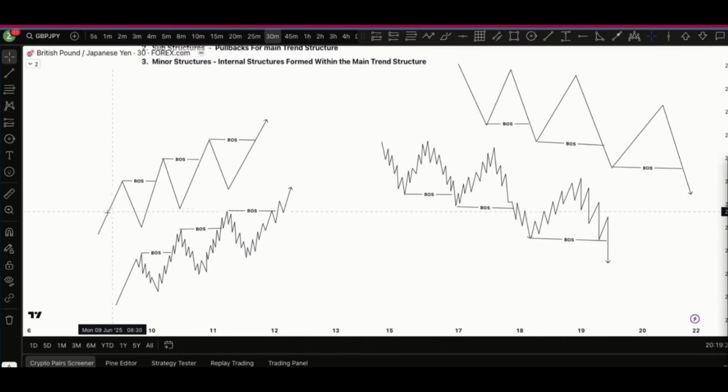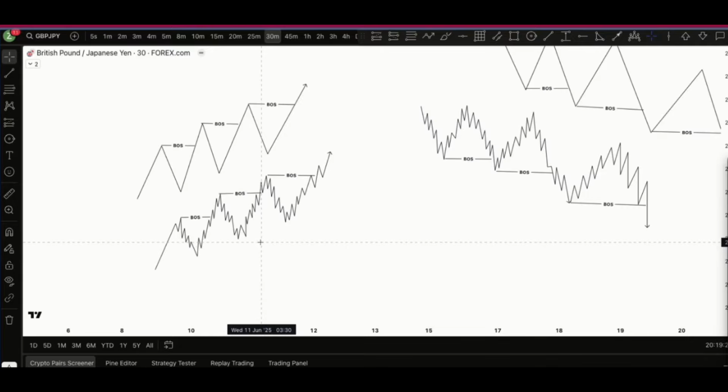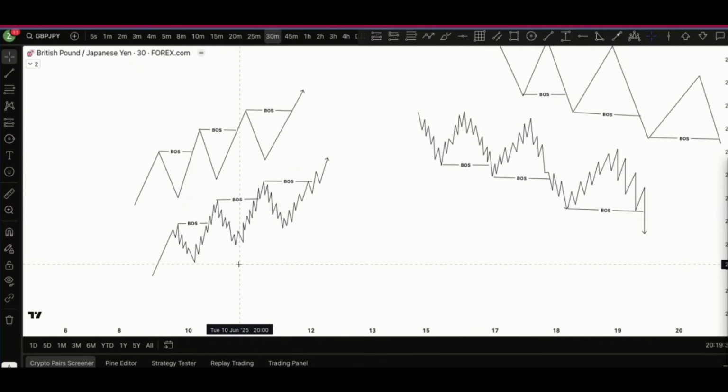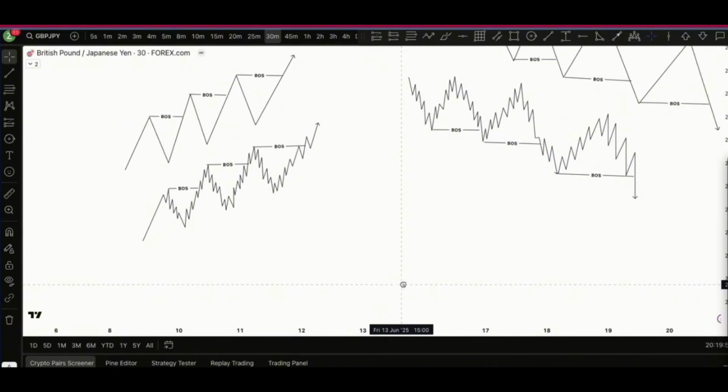We don't have price moving straight like this. Within this market structure, we have a trading range. You cannot just come like this and begin to take your trade at any point. You must look at the range at which price is currently trading from. So this leads us to what we call the trading range, or a swing high and swing low.